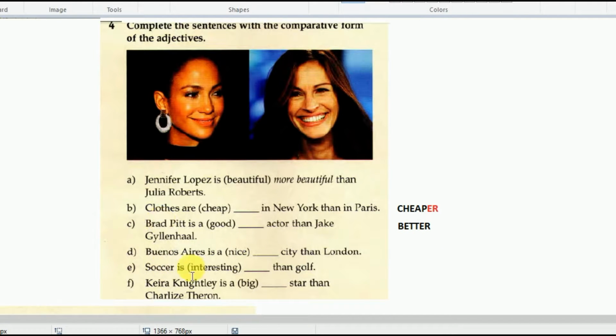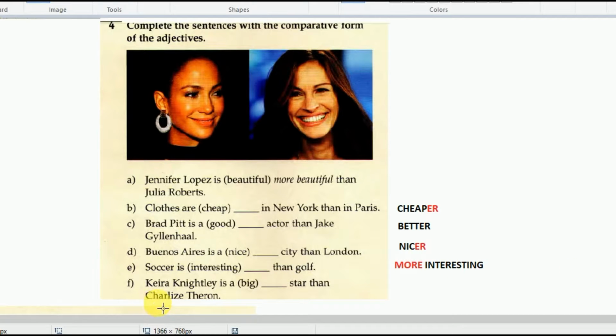Okay. Now Buenos Aires. Buenos Aires is a nice city, but compared to London, we can see that Buenos Aires is a nicer city. Buenos Aires is a nicer city than London. Soccer is interesting, but comparing to golf, soccer is more interesting than golf.